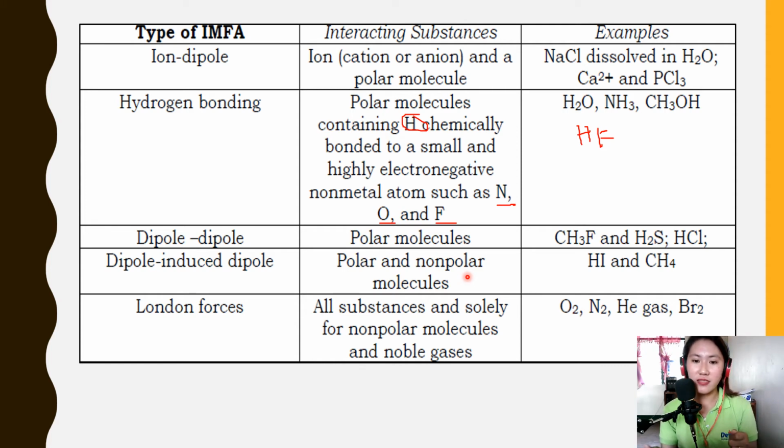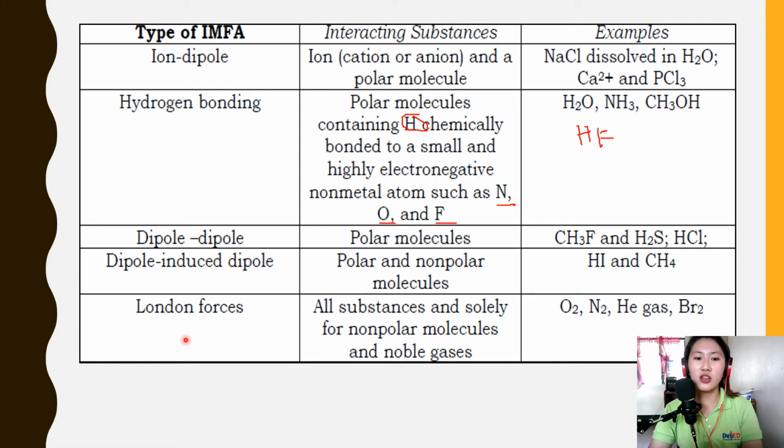At some point, the electrons move and gather on one side, and that is the time they interact with polar molecules. An example of that is hydrogen and iodine and then CH4. That is an example of dipole-induced dipole.